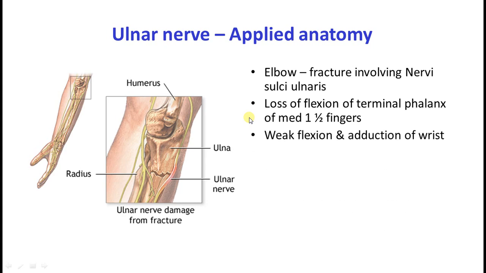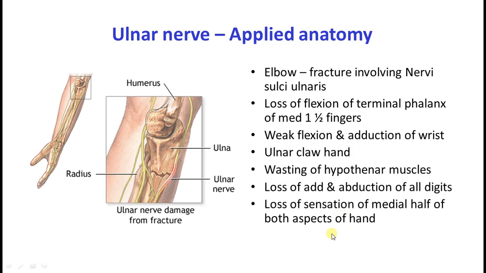Then weak flexion and adduction of wrist because flexor carpi ulnaris is not functioning. Ulnar claw hand: the medial 2 fingers show the claw hand deformity, which is actually called ulnar claw hand.